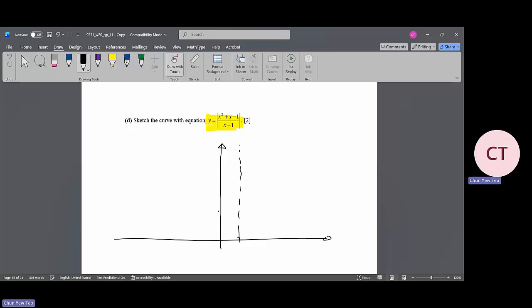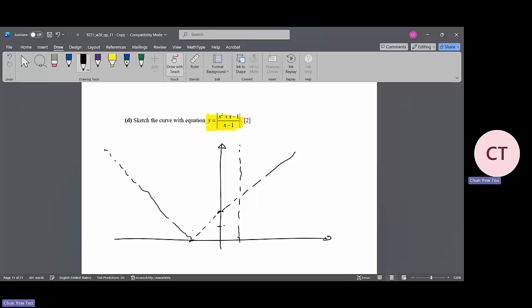We have an oblique asymptote here too. Need to draw properly. Then there's a reflection over here.